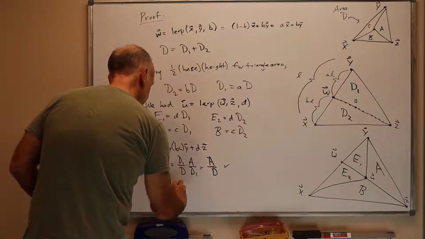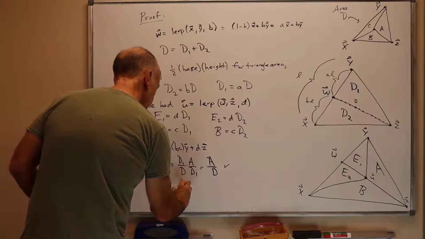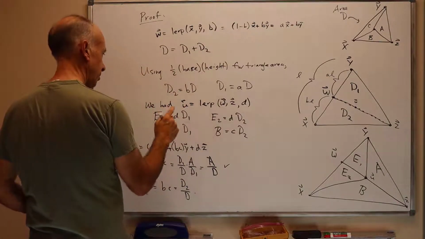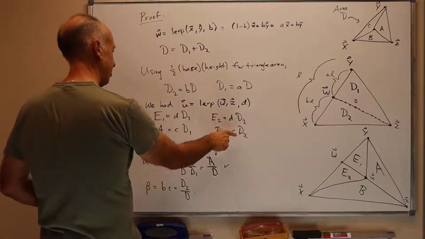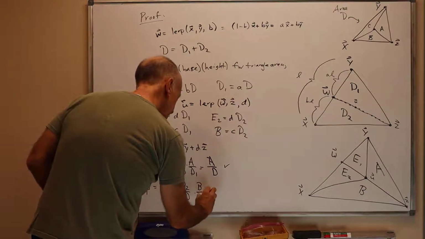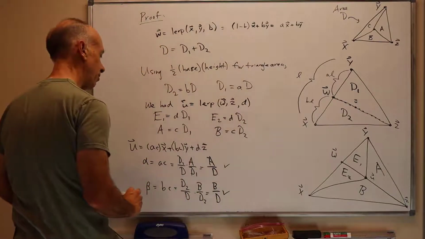Beta is BC. It's equal to D2 over D from this equation, times B over D2 by that equation. And that's equal to B over D, which is what we wanted.